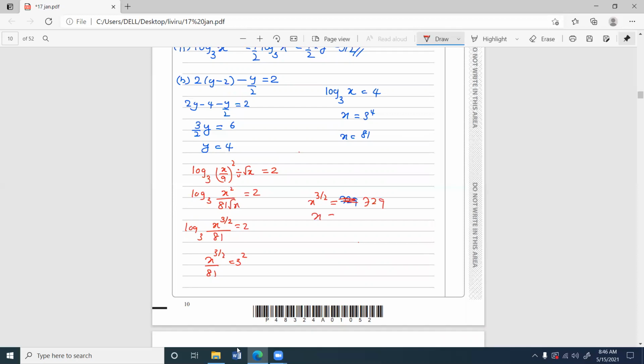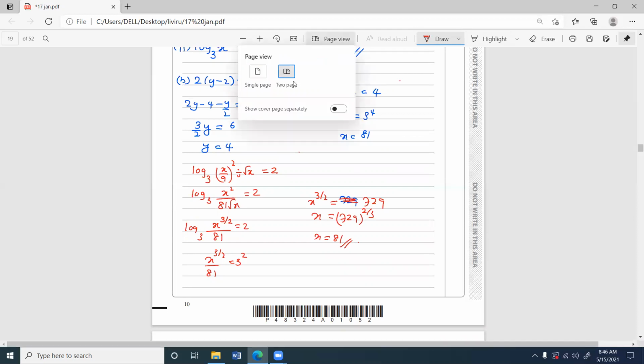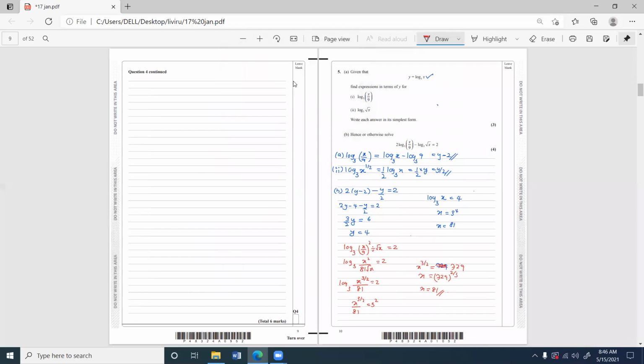Then x is equal to 729 to the power 2 over 3. Yeah, that's 81. So from both methods you can get the same answer. So just write down both methods, then with that you can get an idea how to do the same question in different kinds of approaches. Right. Okay, let's go ahead with it.